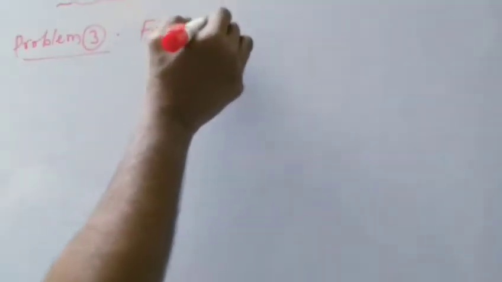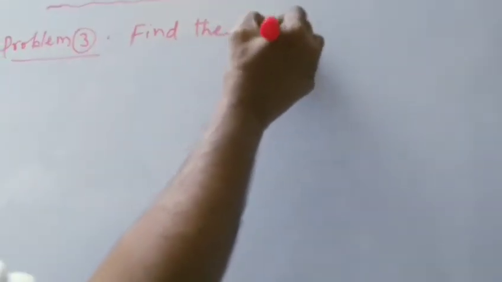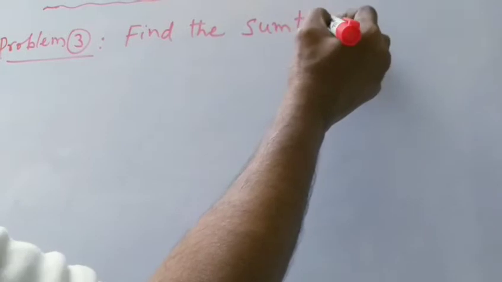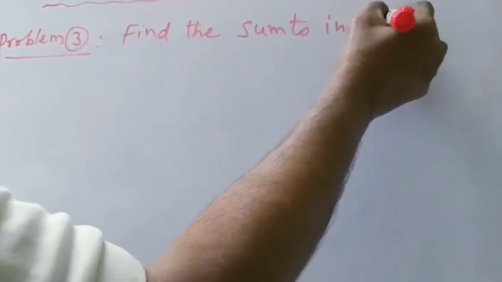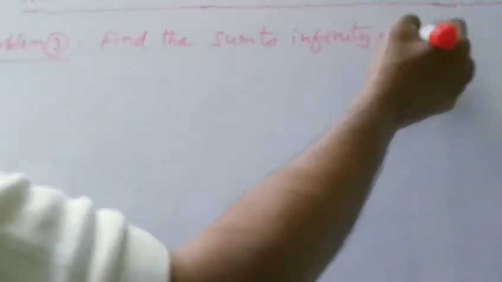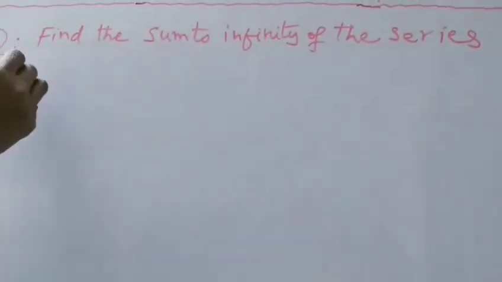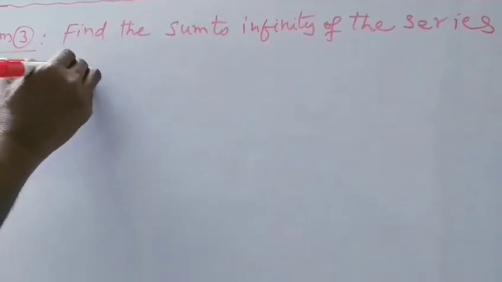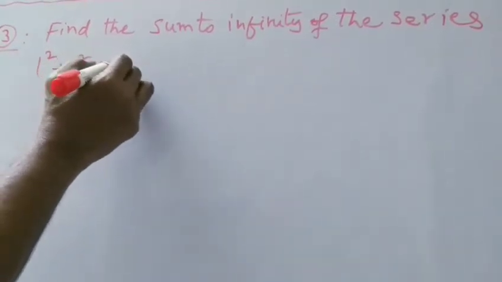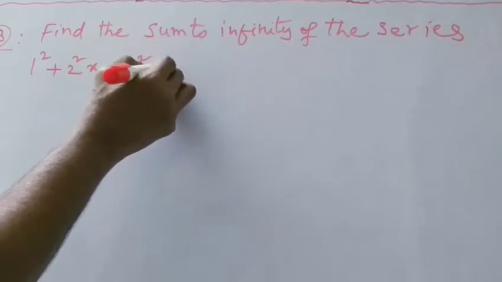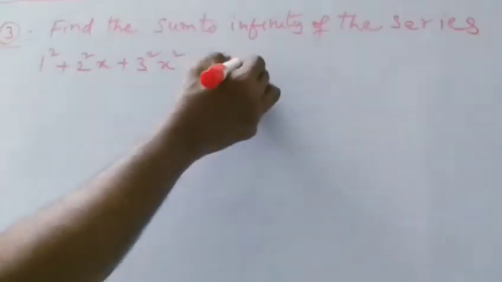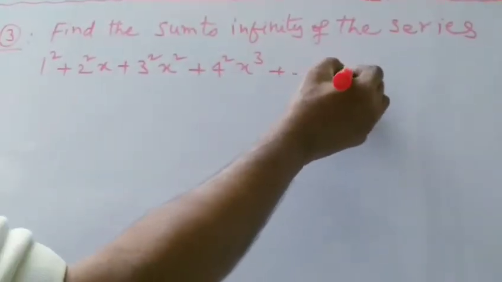Now problem 3. Find the sum to infinity of the series 1 square plus 2 square x plus 3 square x square plus 4 square x cube plus and so on up to infinity.